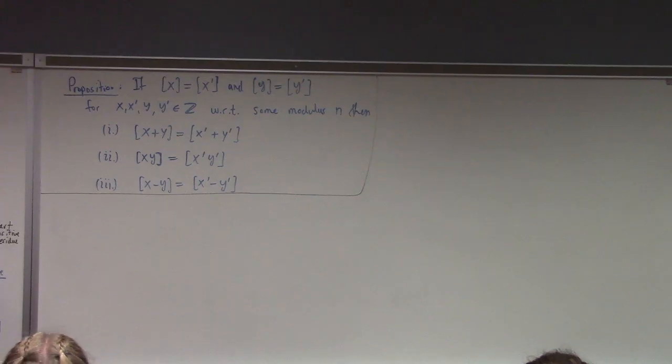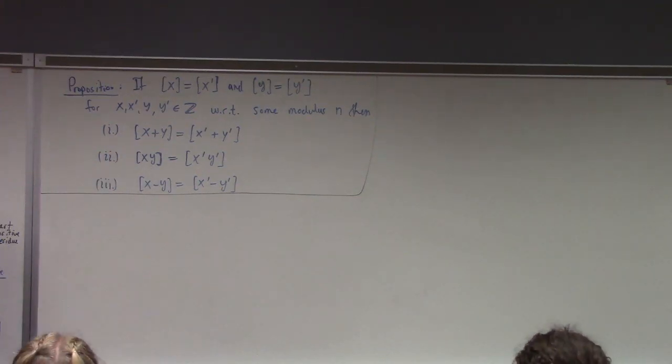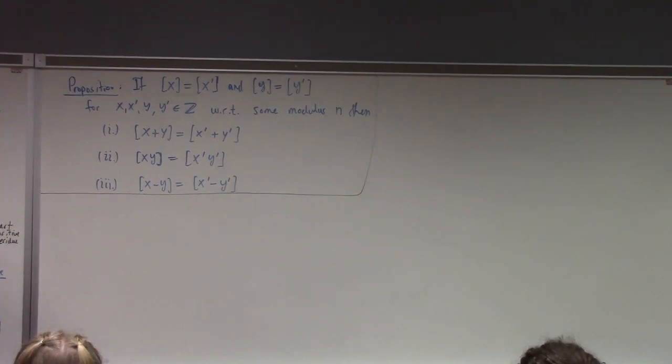So this is important. We must show independence of representative. This is always the case whenever you're working with what are called cosets. If you have to add sets together, multiply sets, it's incumbent on us to make sure that our rules for addition and multiplication don't depend on the particular element we're using to formulate the addition or multiplication, right? So how do we prove these?